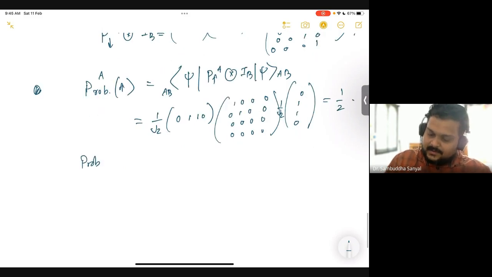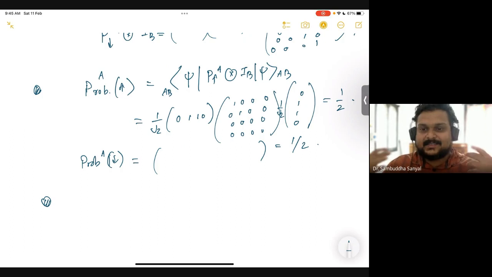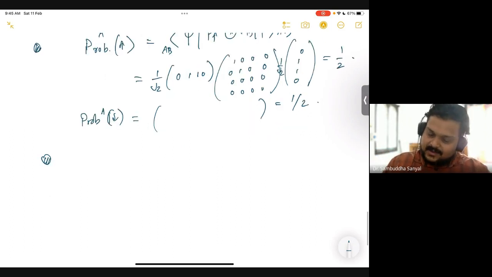Similarly, you can do the same calculation, you will get half. Now, what is the state that this will project on? What will be the state that Alice's state projects on? So after measurement, the state it will get is this.